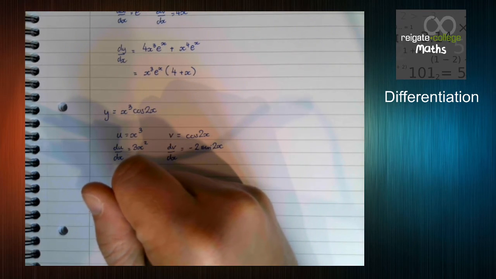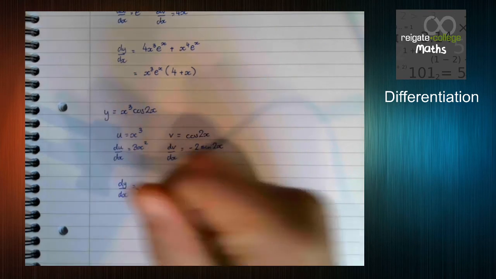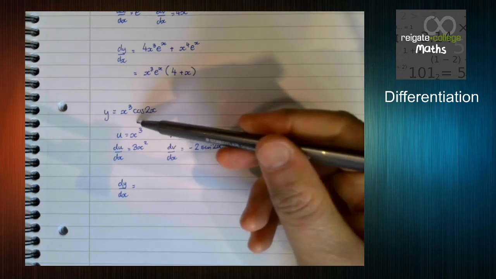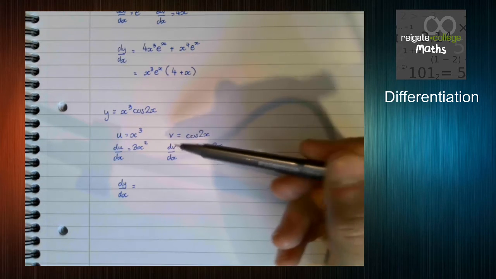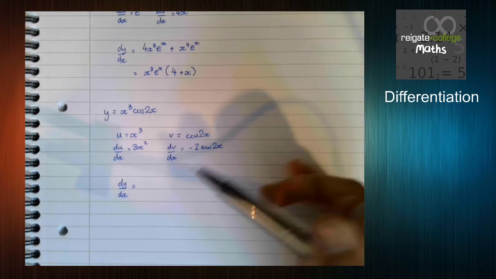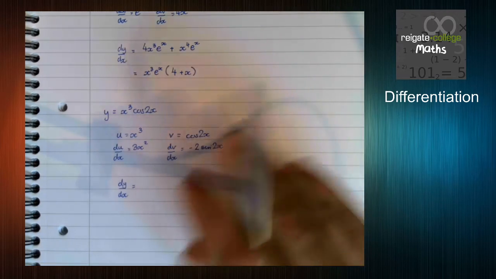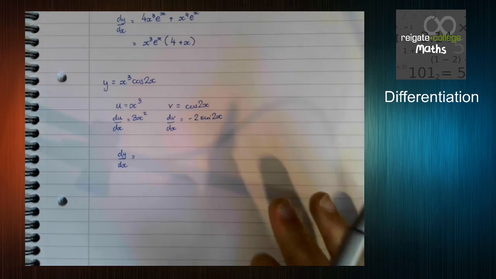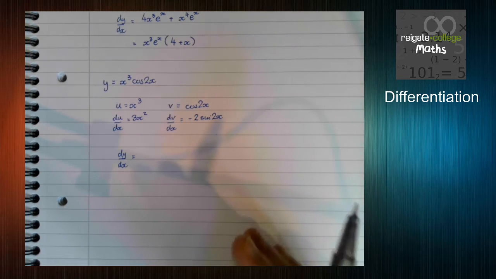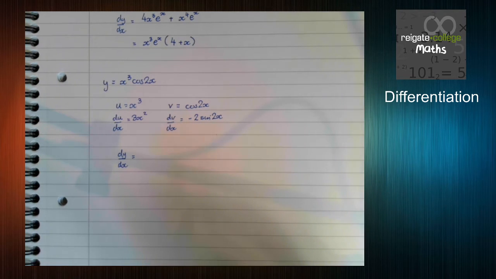Then dy by dx is u dv plus v du. Now, for this, I'm actually going to do those the other way round. Because it's plus in the middle, it doesn't actually matter.